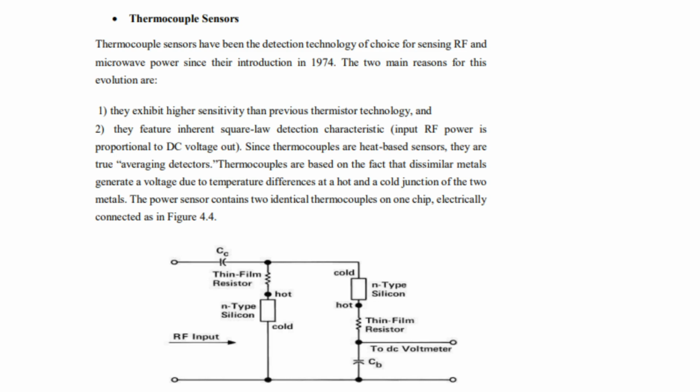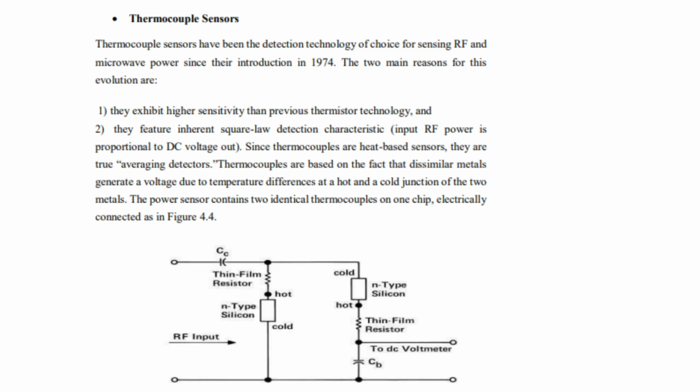Thermocouples have been the detection technology of choice for sensing RF and microwave power since their introduction in 1974. The two main reasons for this are that they exhibit higher sensitivity than previous thermistor technology and they feature an inherent square law detection characteristic. Input RF power is proportional to DC voltage output.